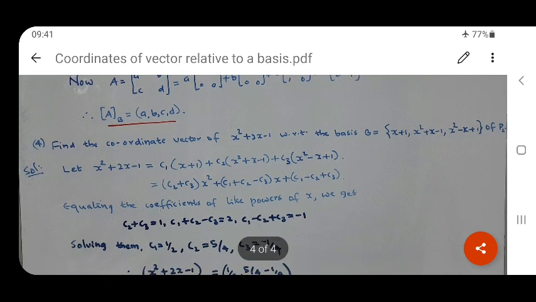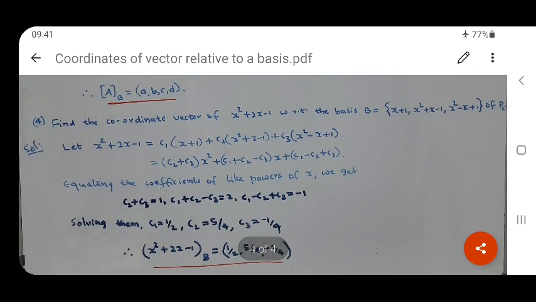As another example, find the coordinate vector of x square plus 2x minus 1 with respect to another basis. This is a polynomial of order 2. If you consider this as an element of P2, then there is a basis of 3 elements, say x plus 1, x square plus x minus 1, x square minus x plus 1.